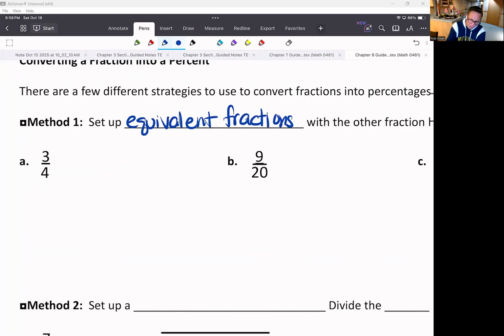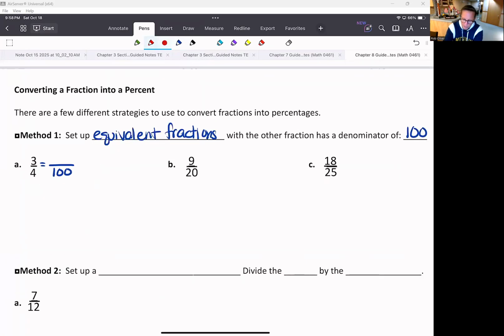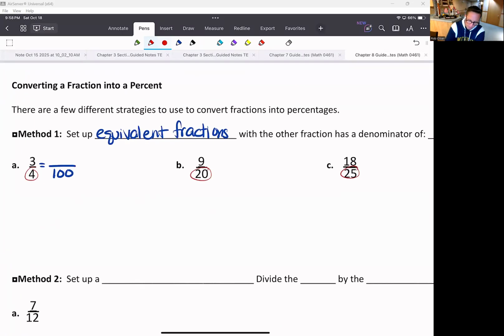Because percent means it's out of 100, right? That works well with these examples that I have here on this page, because all these denominators go perfectly into 100, right? So we can get away with that.